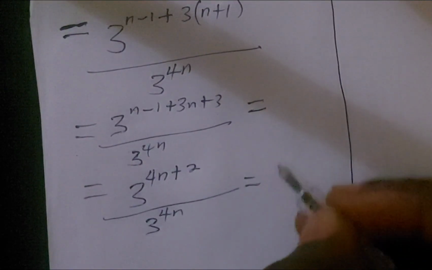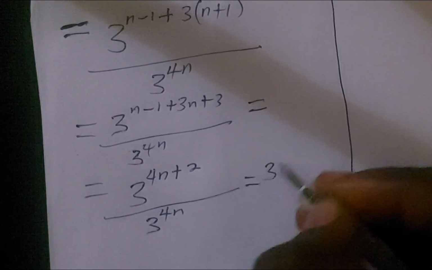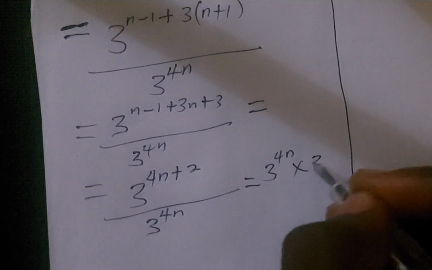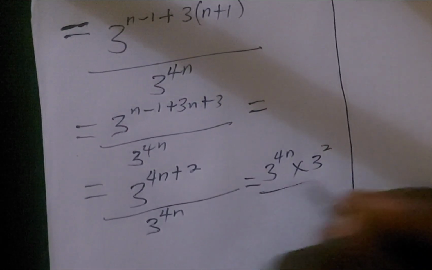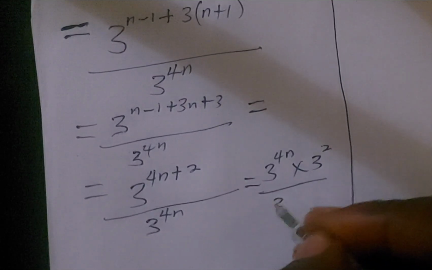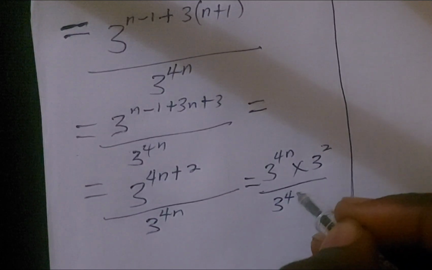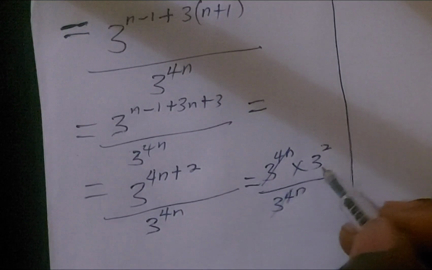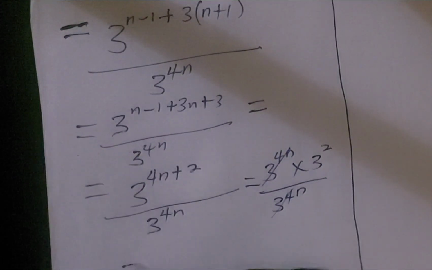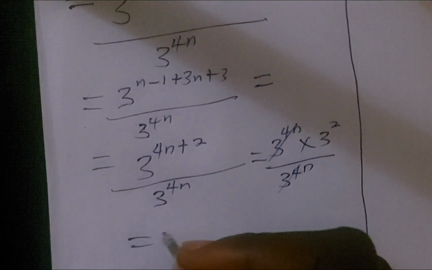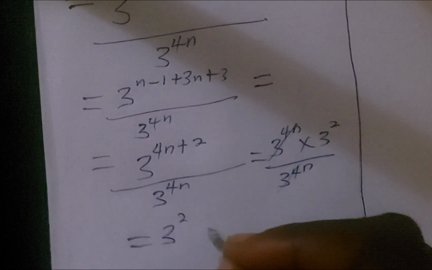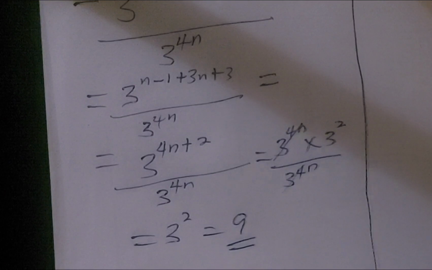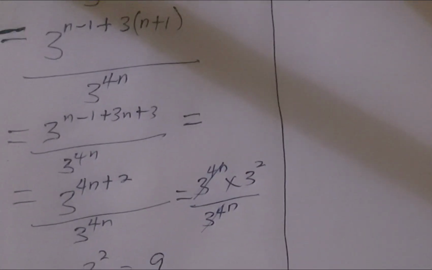And this can be simplified further as 3 raised to the power of 4n times 3 raised to the power of 2 all over 3 raised to the power of 4n. This cancels this. You are left with 3 raised to the power of 2, which is what? 9. It's as easy as that.